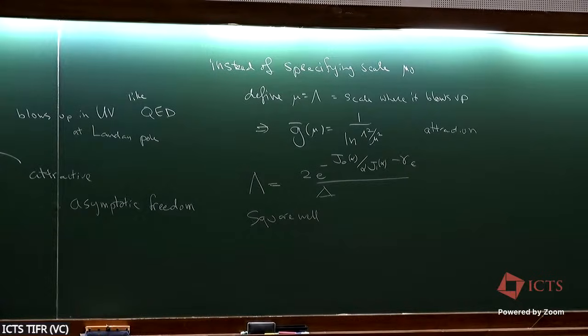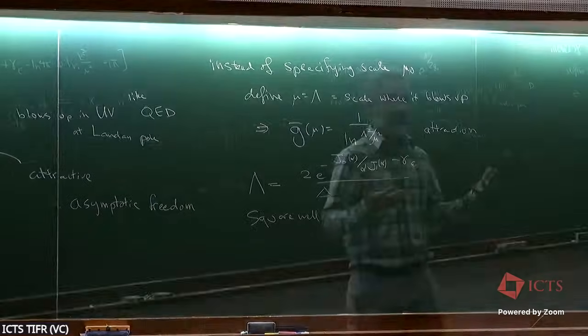I also have to tell you an anecdote, which was told to me by Tom Appelquist, who was an assistant professor at Harvard in the early 70s. He and a postdoc had decided that non-abelian gauge theories had just been shown by 't Hooft to be renormalizable theories that you could calculate things in.